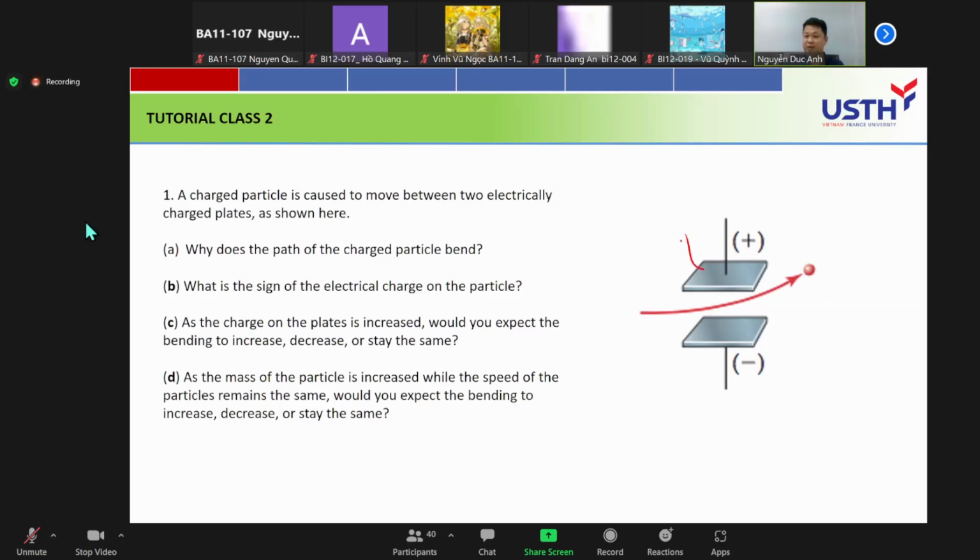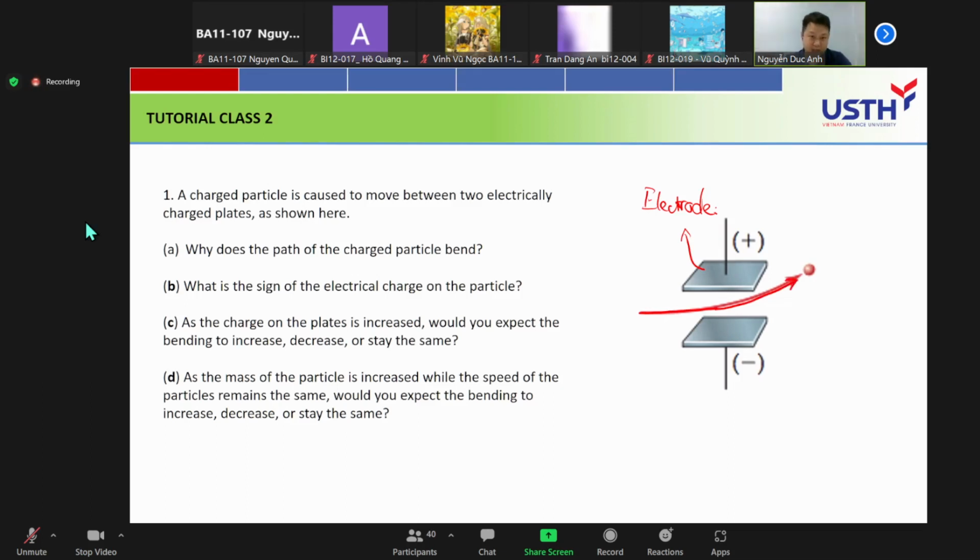Sometimes we call these electrodes. When the charge goes through the area between the two electrodes, you will see that the particle moves in a curve. The pathway of the charge is bent.